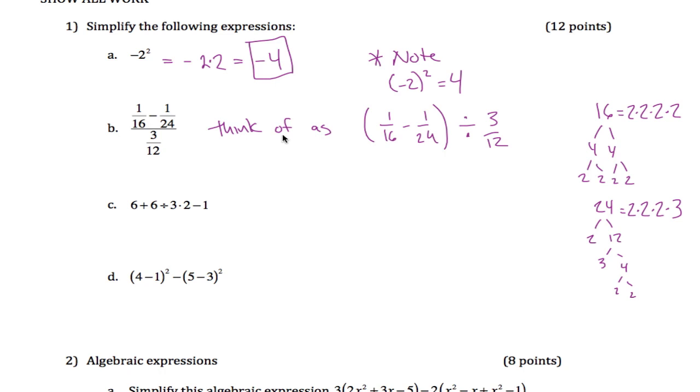And if you do that, it makes it a lot easier to figure out 1/16 minus 1/24. We could say 1/16 minus 1/24 is really 1 divided by 2 times 2 times 2 times 2 minus 1 divided by 2 times 2 times 2 times 3.